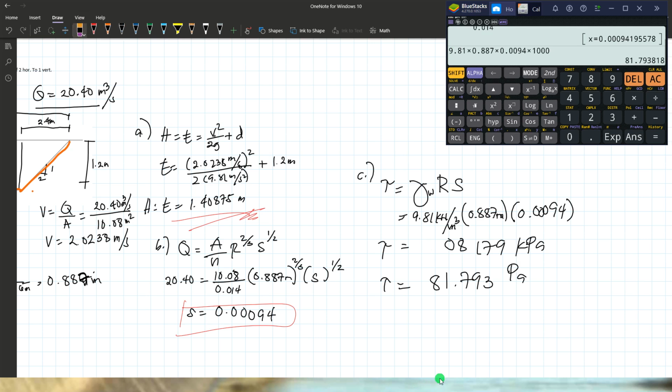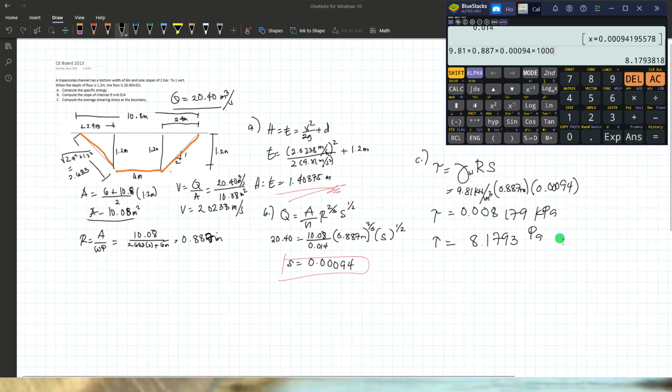This is 0.00817, or 8.1793 Pascal. So here are the answers for this problem.